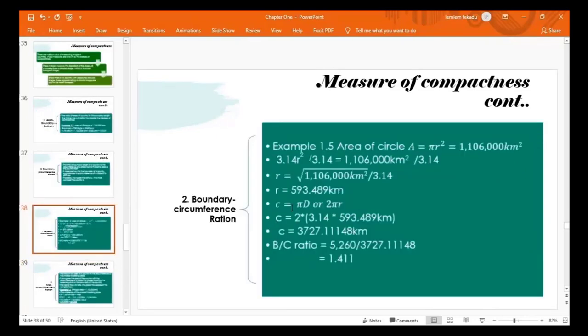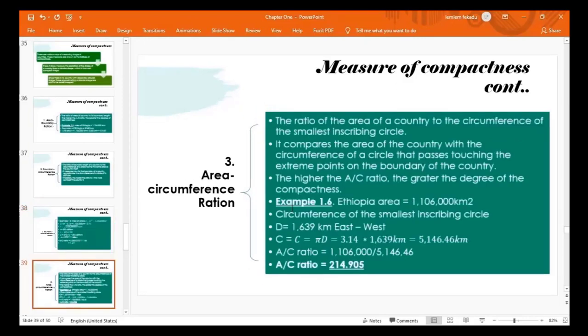You can take examples. The boundary circumference ratio of Ethiopia is 1.411. The third measure of the compactness index is the area circumference ratio. The area circumference ratio is the ratio of the area of a country to the circumference of the smallest inscribing circle.